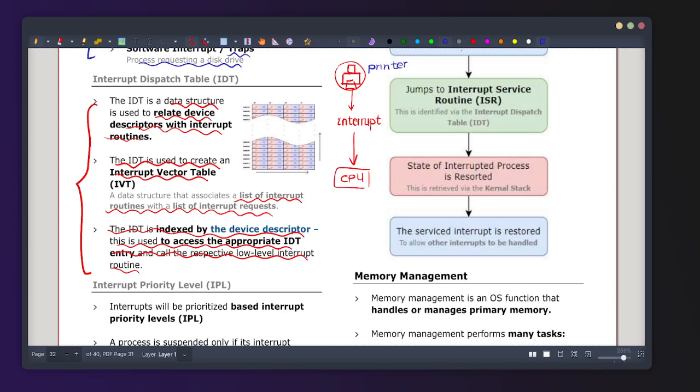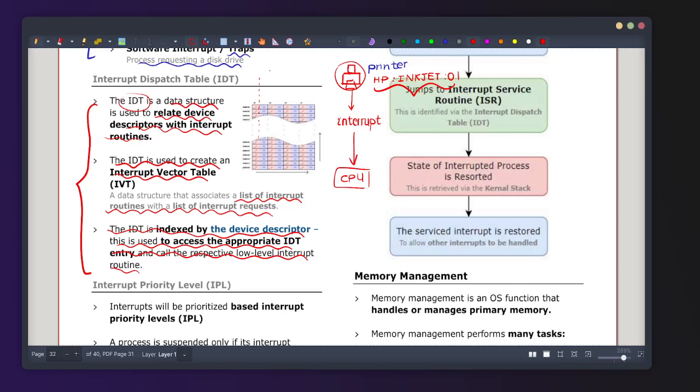Now the printer might have some descriptor, a sort of unique name. This might be HP Inkjet 01. This is called the device descriptor. Now when the device is plugged in, remember there is something called the IDT. This table has a list of possible devices that can be plugged in, and when it's plugged in, what the CPU should do.